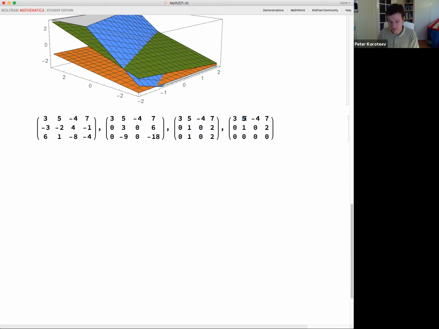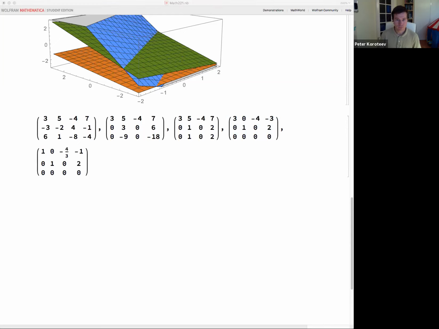So multiply by -5, we get 0 and -3, right? And finally, we divide the first row by 3. Didn't really have to do it, but just for consistency. -1. Okay. All right, so that's the reduced echelon form.